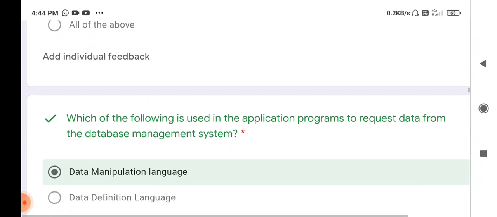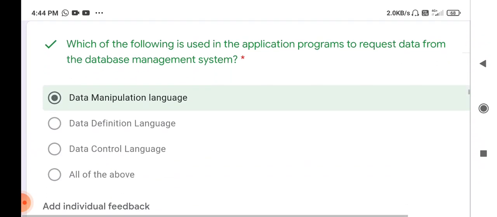Next question is, which of the following is used by application programs to request data from the database management system? I have already explained this. To request data you use insert, update, select, this kind of command. This is called data manipulation language.